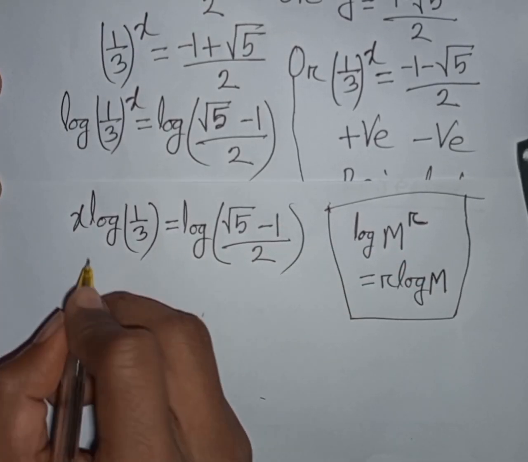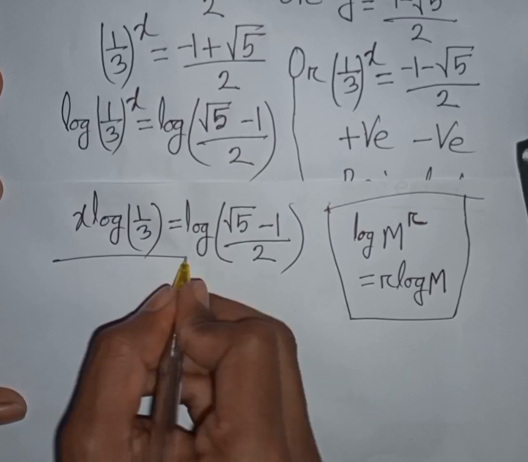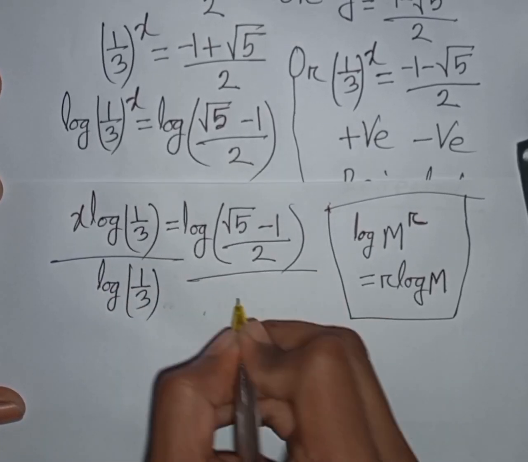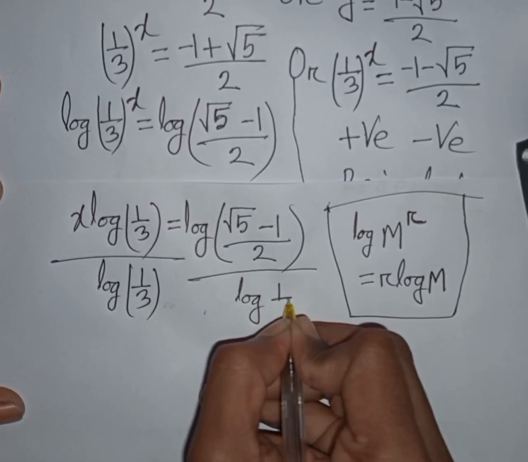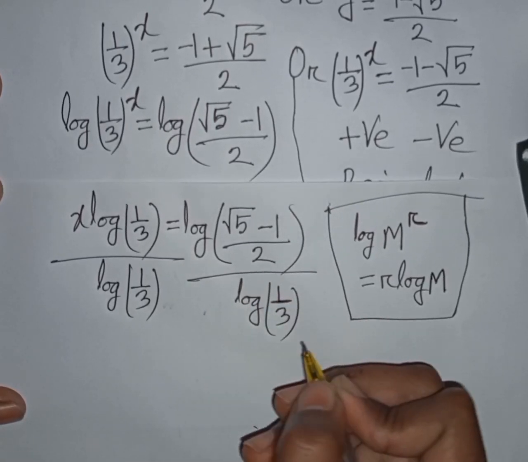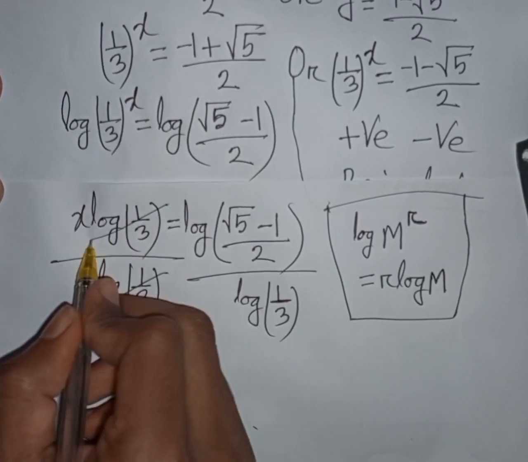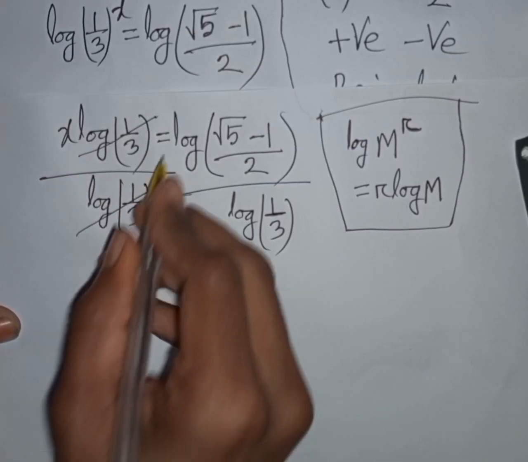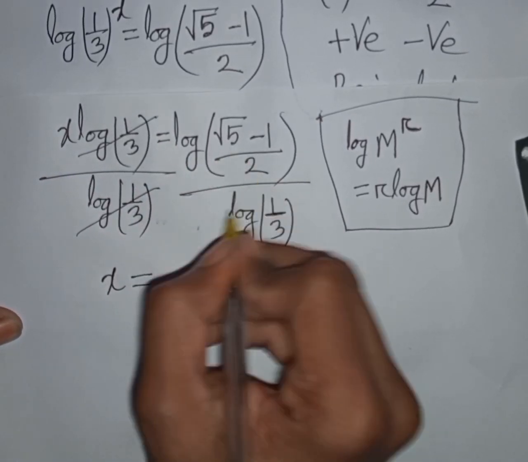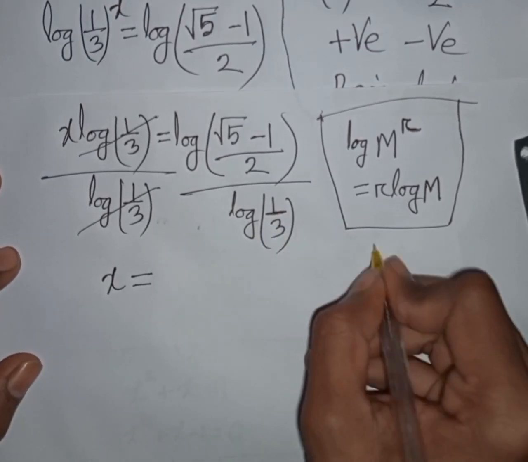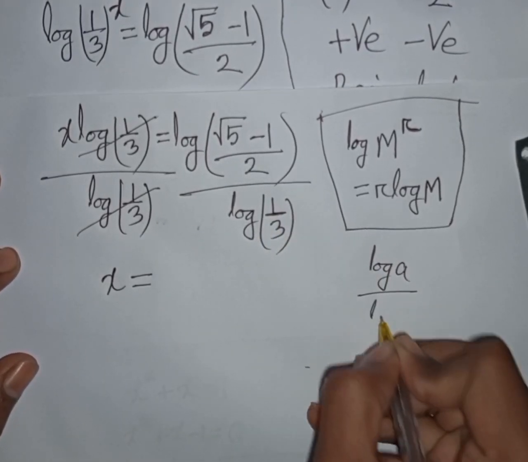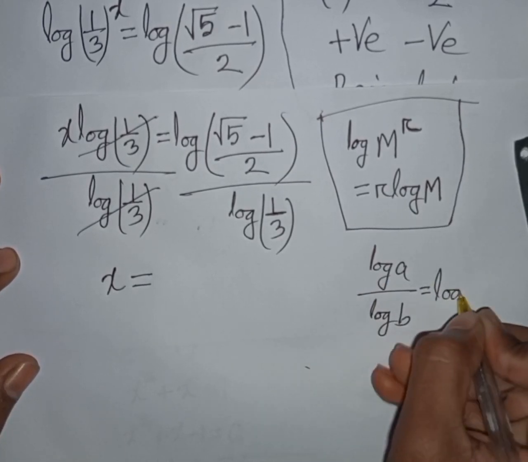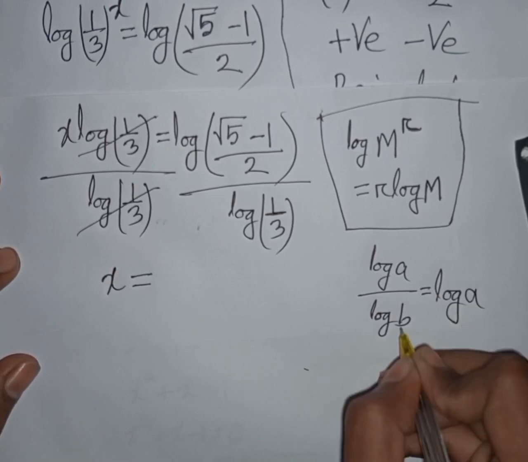Now we need the value of x, so we divide by log of 1 by 3 on both sides. This log of 1 by 3 will be cancelled. So here x will be equal to this divided by this. That means here I can apply the formula log a divided by log b is equal to log a base b.